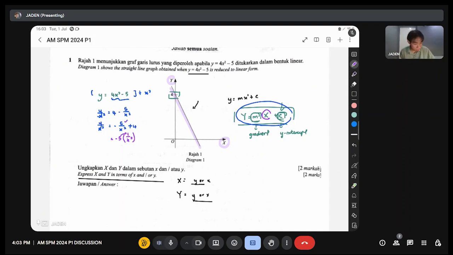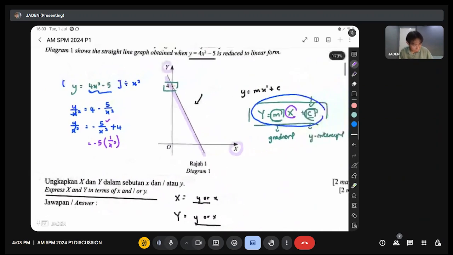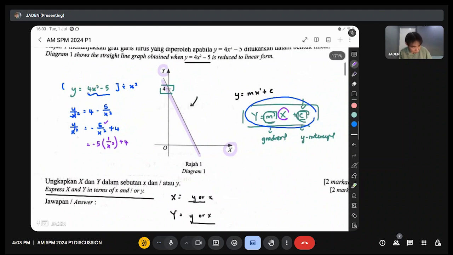If I separate these two, I will get negative 5 bracket 1 over x squared, and then plus 4. Now you finally get the exact framework, just like y equal to mx plus c. This is your y, this is your m, this is your x, this is your c. That is what I mean by you can clearly determine what is your gradient and what is your c.